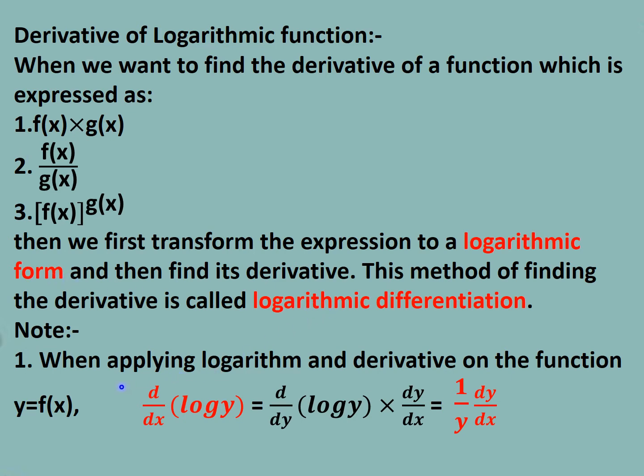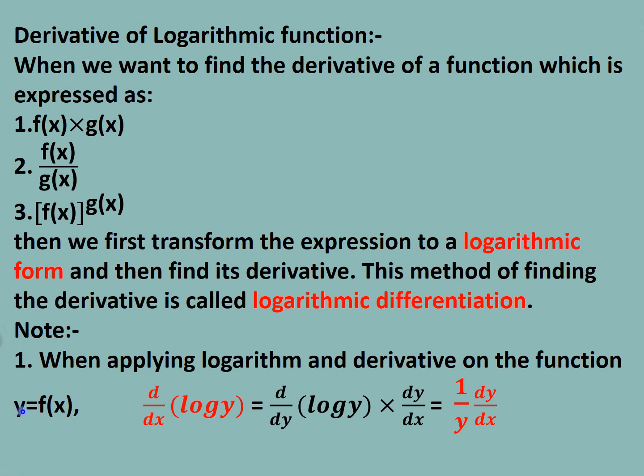Now, when applying the logarithm, the derivative of the function y is equal to f of x. Before finding the derivative, we will first apply the logarithm. Then, after applying the logarithm, the left hand side will be log of y. And we know y itself is a function of x. So, for finding the derivative, we will apply the chain rule.